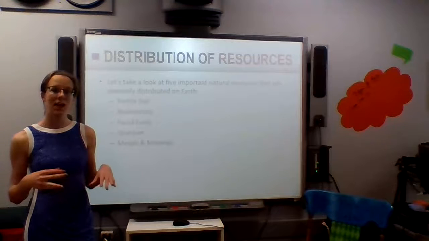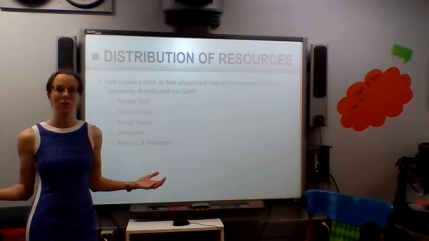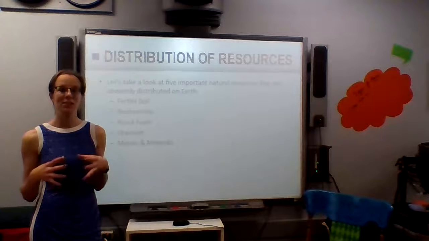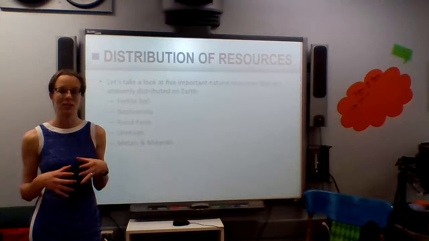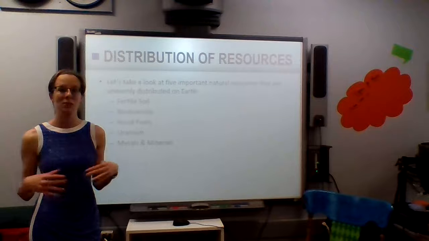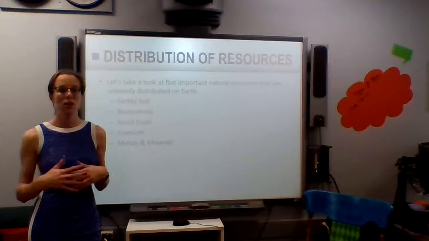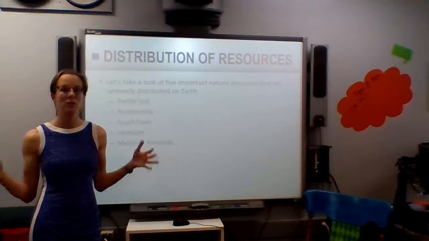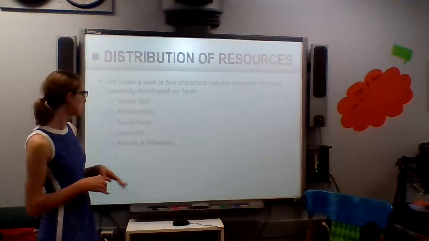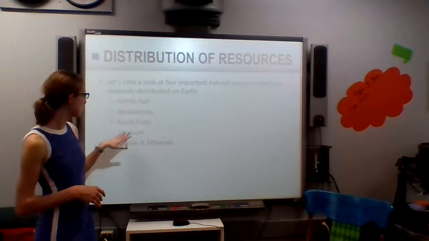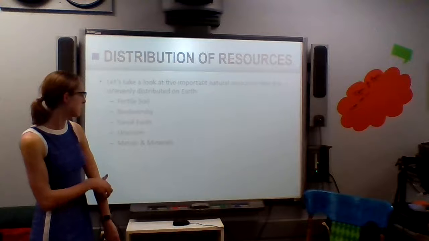Biodiversity just means that lots of different things are able to grow there. So in some habitats, it's a very specific set of plants and animals that can grow there. In other places, we get a lot of biodiversity. We're going to find huge quantities of different animals, different plant life. So we'll take a look at where that's happening. Fossil fuels, uranium, and then other metals and minerals.